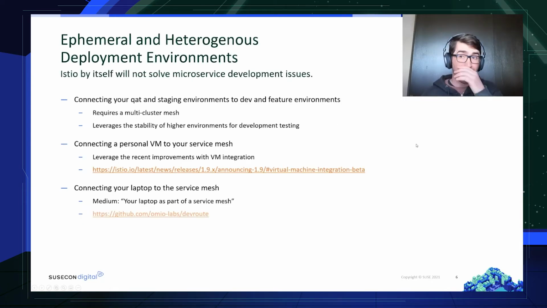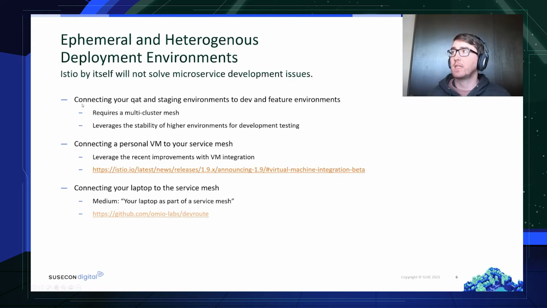Another common or more common solution that I've run into in the wild as of late is using Istio's multi-cluster mesh capability and its extensibility to kind of blur the lines between what is in your mesh and what is not in your mesh.